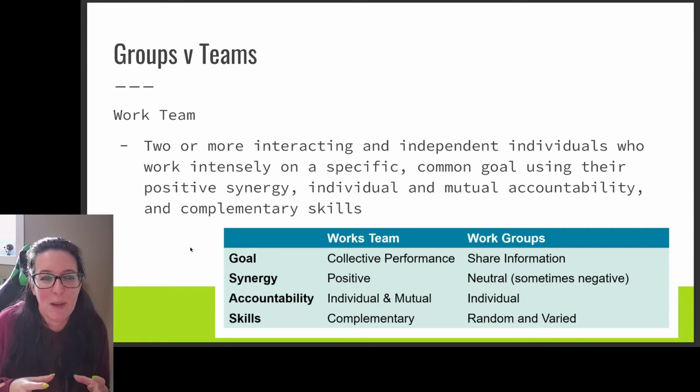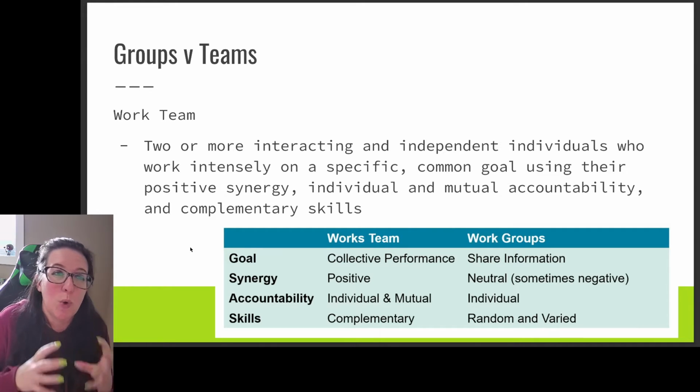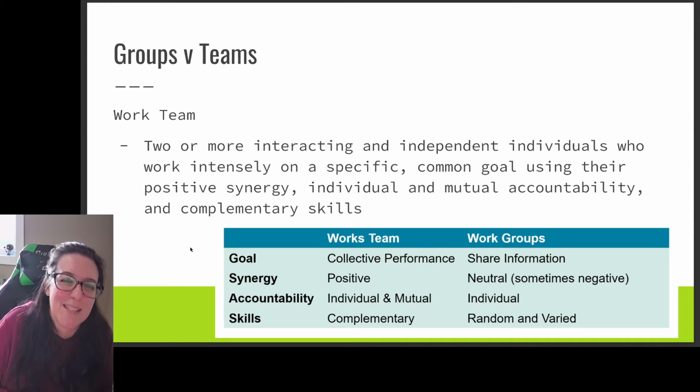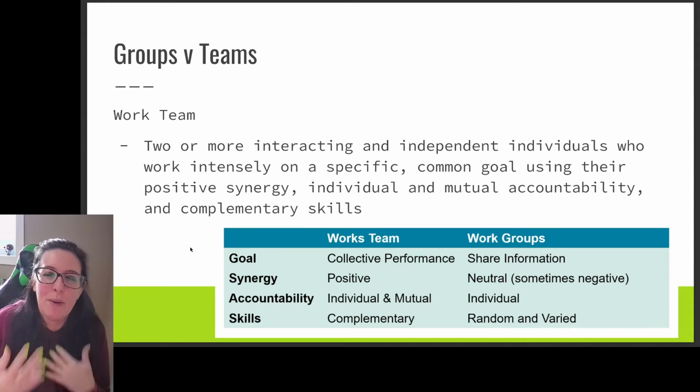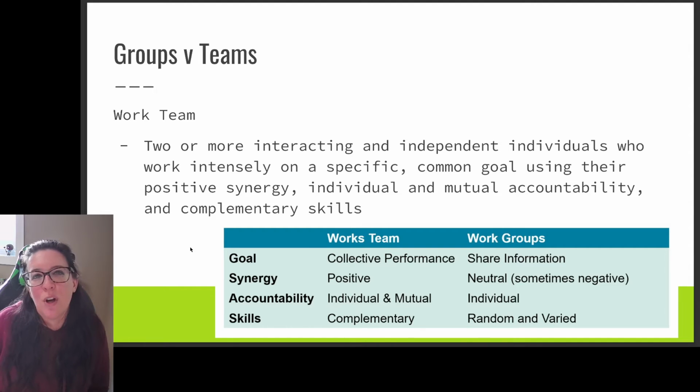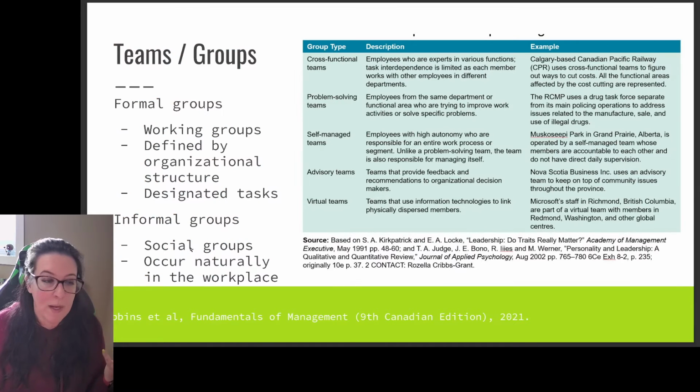So we have expectations in terms of the team doing something, versus a work group where people are interacting, but the expectations are individual and the goals are just to share information to facilitate the individual's work. So we want to differentiate between groups and between teams.